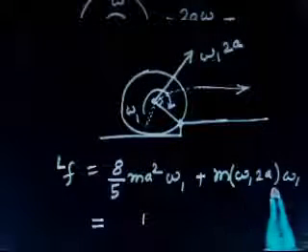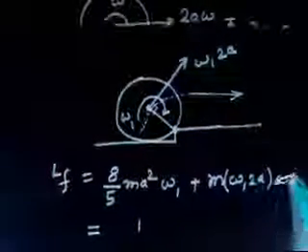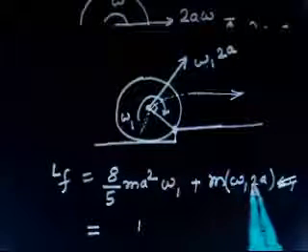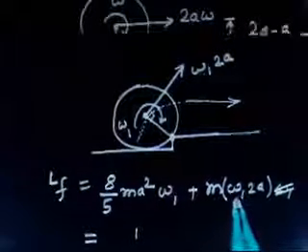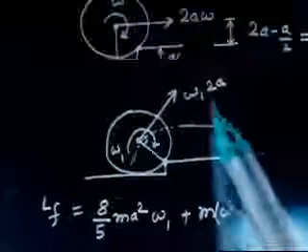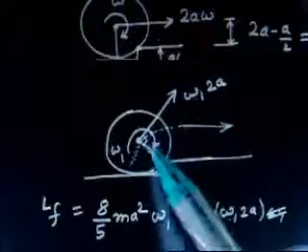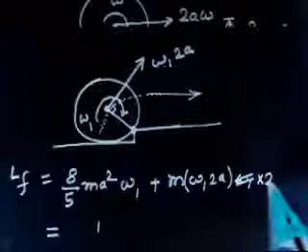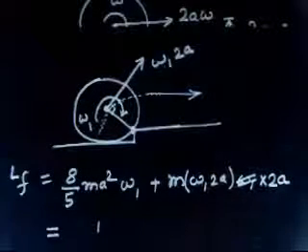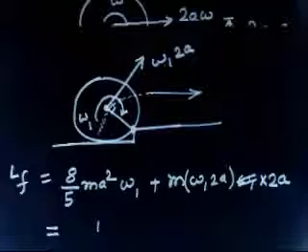So MBR, so no omega 1. We have written that MB is omega 1 into 2a, and R is 2a, so I have to multiply this by 2a. Are you getting? Let us see what this comes to.